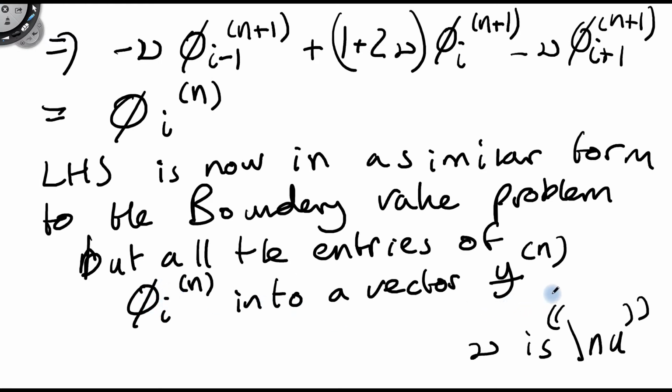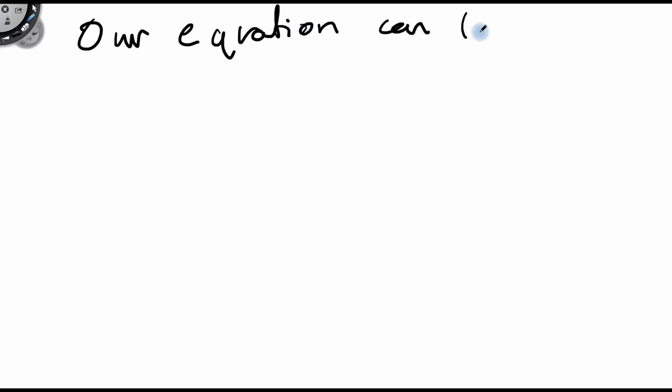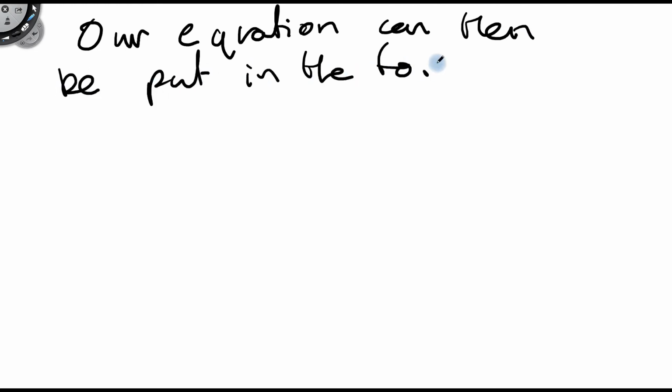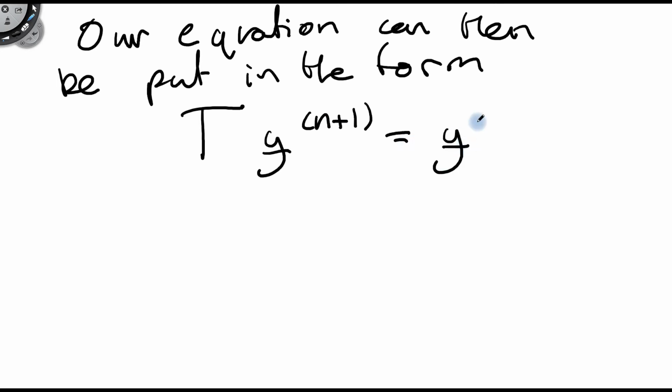Okay. And then our equation can be put in the form T y of n plus 1 equals y of n, where T is a matrix.